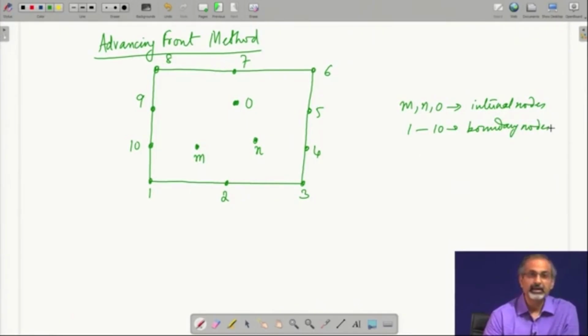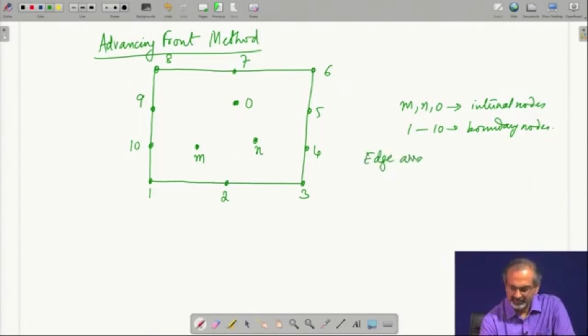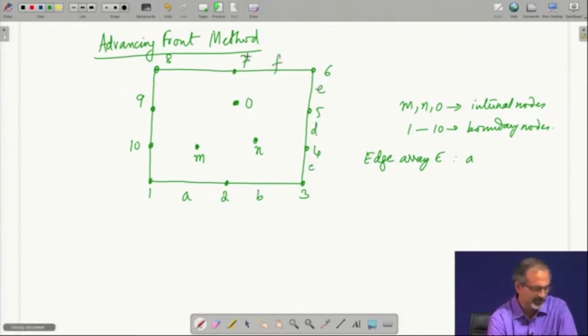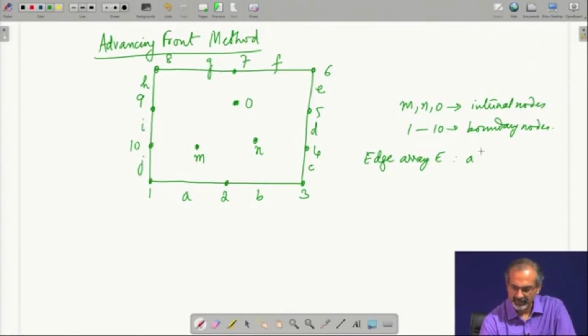Now, you have to get all this information into arrays, that is very, very important. We create an edge array, let us say E. What does that contain? It contains information about each one of the edges that you have in the domain. Let us call these edges like this. So, from A to J you have edges.